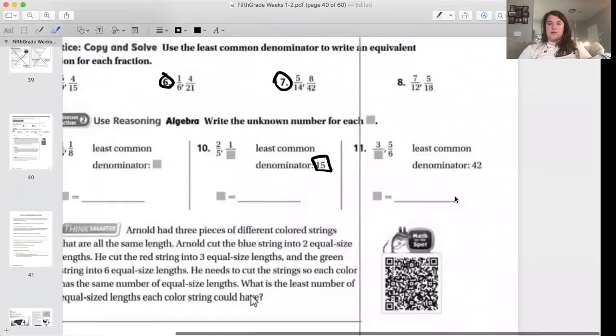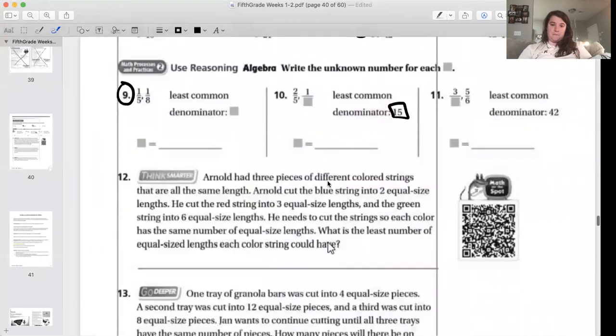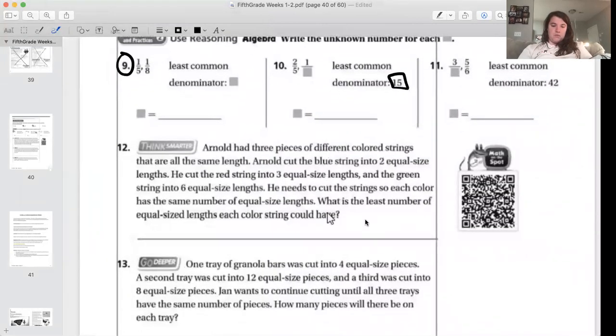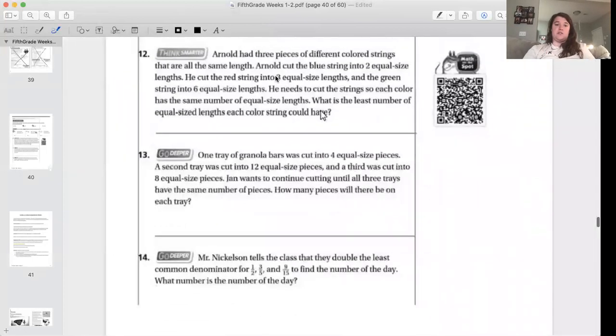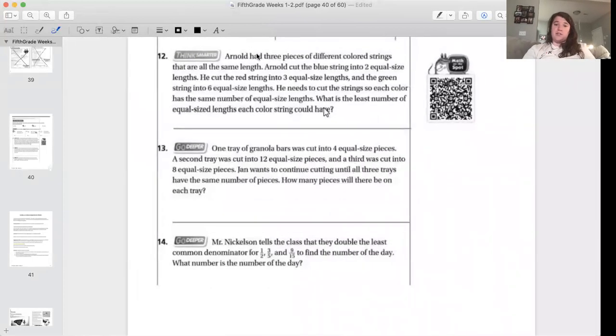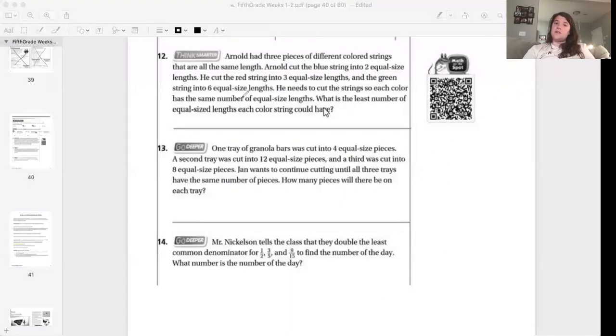And then number 11, I want you to try that. So 42 is the denominator. So what else can you list besides 6 to get 42 as a multiple? And actually, that's all I want you to do for these 2 pages. So math is pretty short today. It's going to be a little longer tomorrow because we are going to do something completely new.